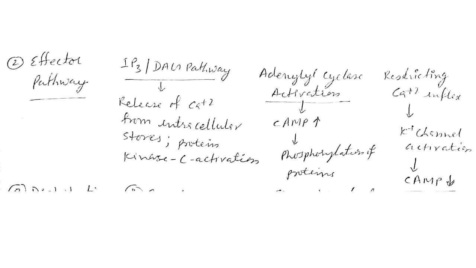Another, the third one, is restricting calcium ion influx. Calcium ion influx means potassium channel activation, and with potassium channel activation, cyclic AMP will decrease.